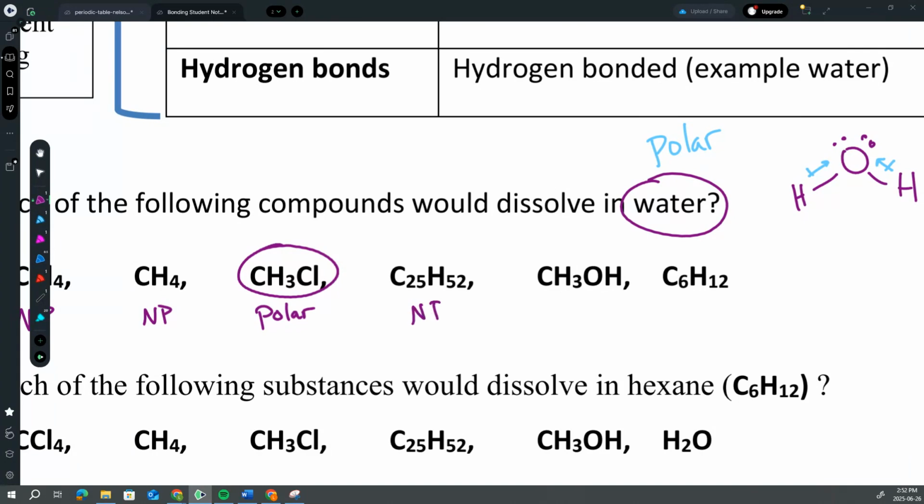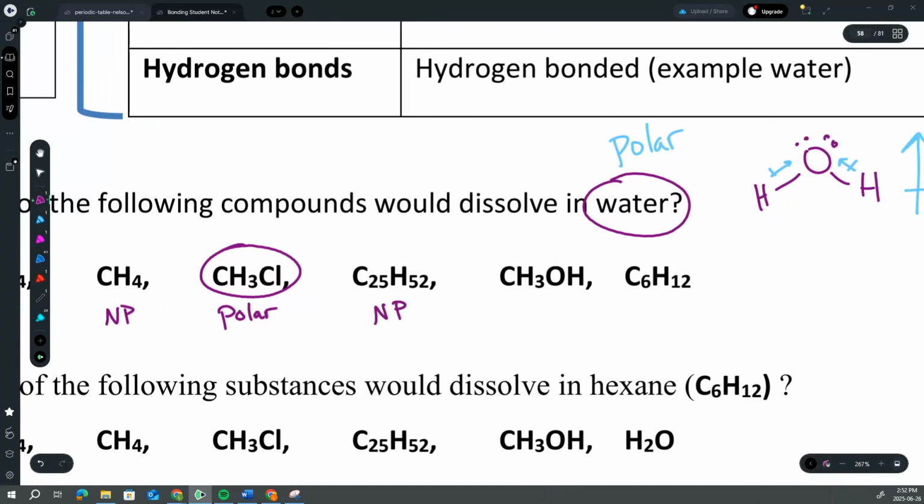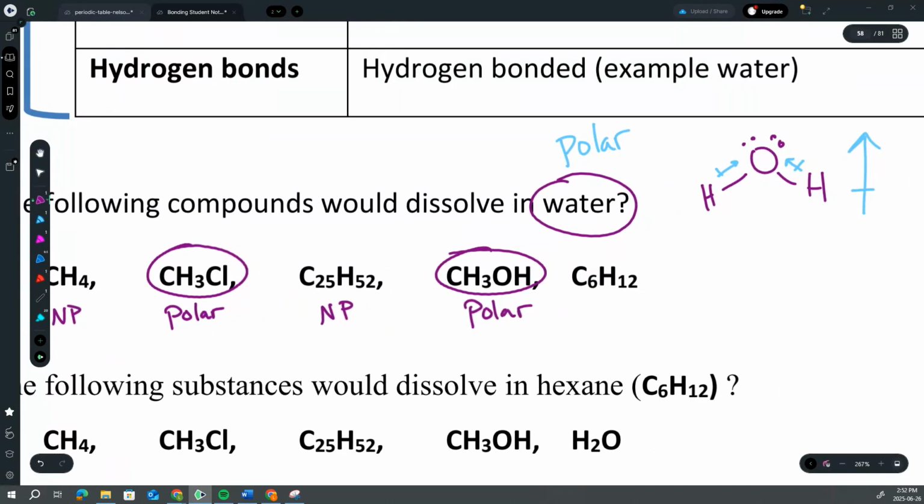That means it's nonpolar, so it won't dissolve in water. Now, CH3OH, that's going to be methanol. It's carbon with two other elements, which means it's going to be polar. So this will dissolve in water. And then last but not least, C6H12, that is carbon with only one other thing, so that means it's going to be nonpolar. So it won't dissolve in water.